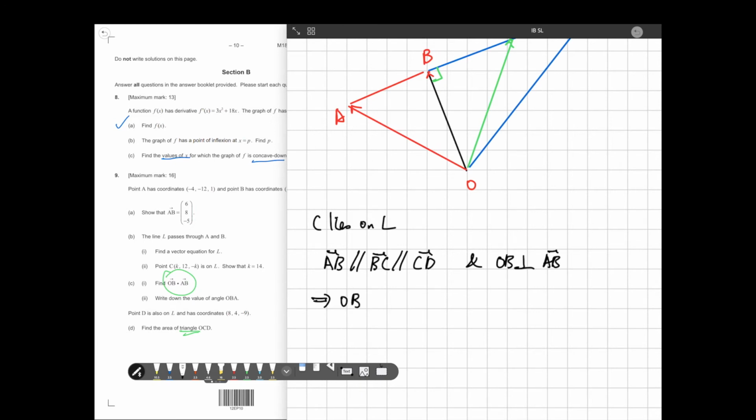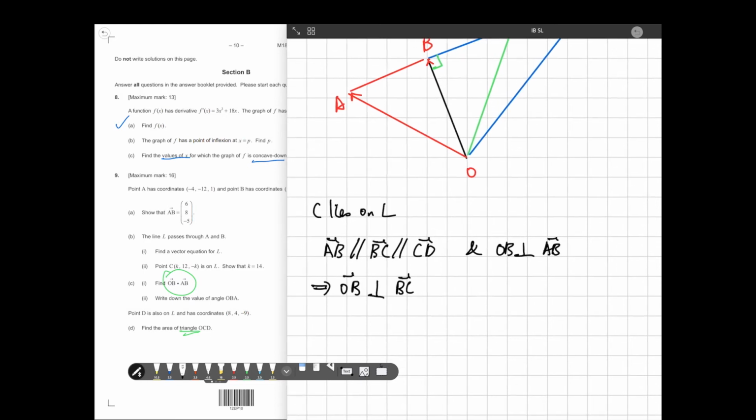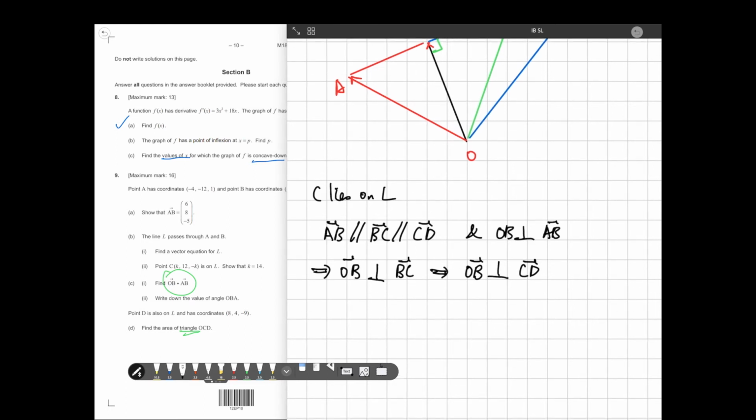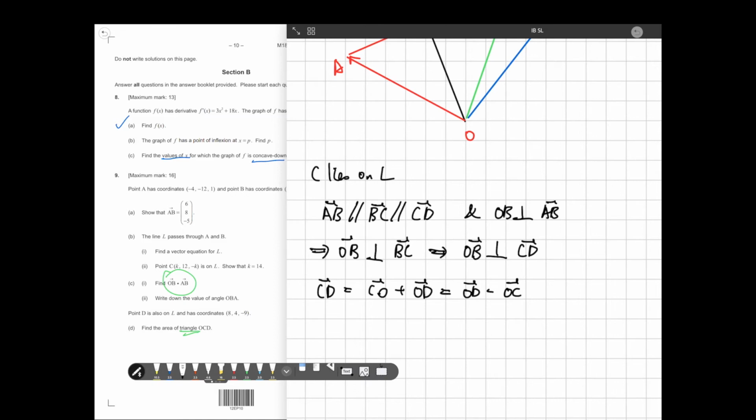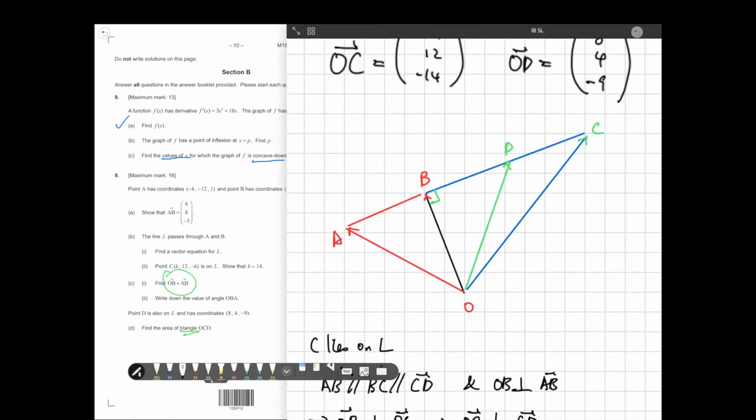So we can have OB perpendicular to BC, and OB perpendicular to CD. And we also know that CD is just equal to CO plus OD, so we have OD minus OC, right? And that is what we can find.